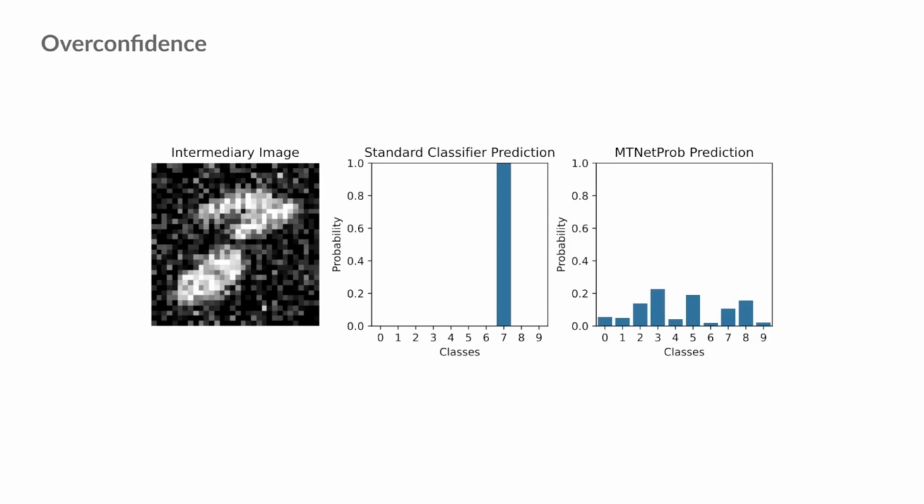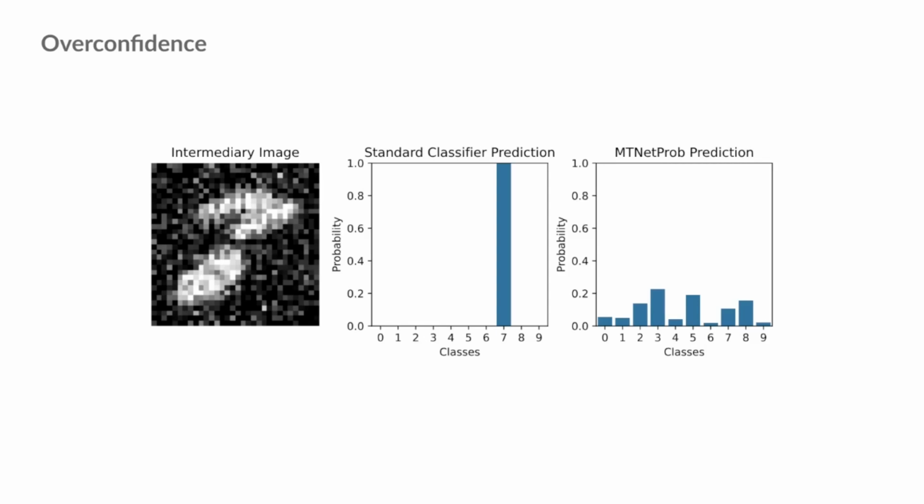It states with nearly 100% certainty that this is a 7, even though, looking at the image, it is a bit ambiguous. It kind of looks like a 3, maybe an 8, maybe a 7, so it's not so clear-cut. It is clear, therefore, that classifiers trained in this standard way suffer from overconfidence.